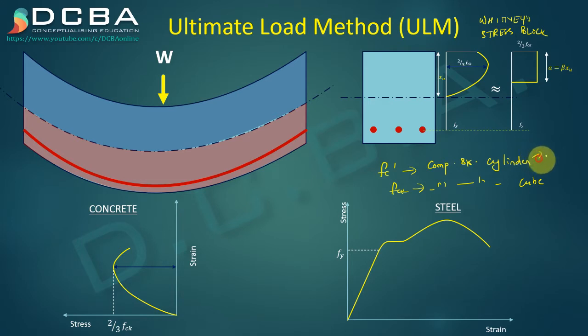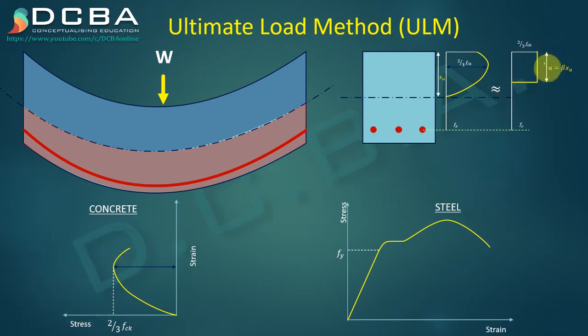So this is a cylinder of 300 length and 150 diameter, and this is a cube of 150 size. In the foreign codes, they prescribe testing of cylinder and we use cube. You will be studying this in a different subject called concrete technology, why cube and why cylinder.